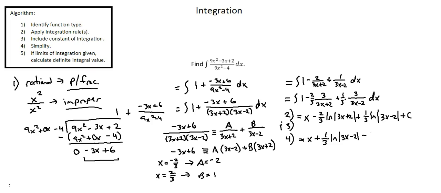I'm going to change this to minus 1/3. Factoring out 1/3 from 2/3 leaves 2. 1/3 times 2 is 2/3. Now where is that times 2 going? It's going to become an exponent. 1/3 times the natural log of the absolute value of 3x plus 2 to the power of 2.